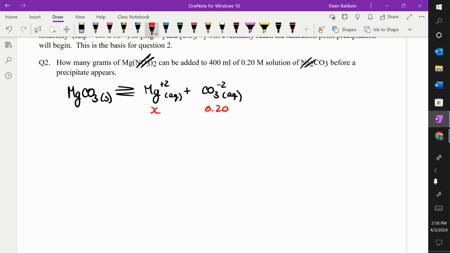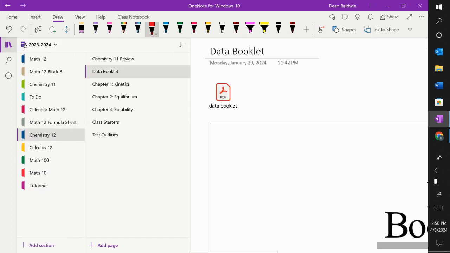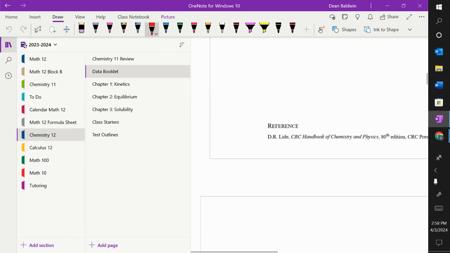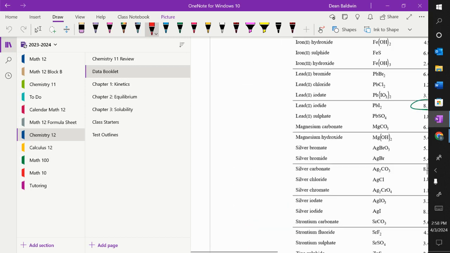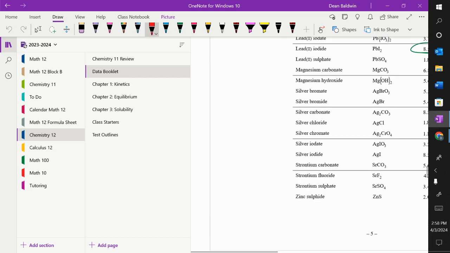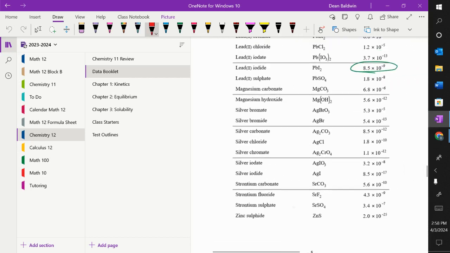And then it's the exact same, except that we've got to look up the Ksp of magnesium carbonate. I don't know what that is. 6.8 times 10 to the something? 6.8 times 10 to the minus 6. You guys are correct.